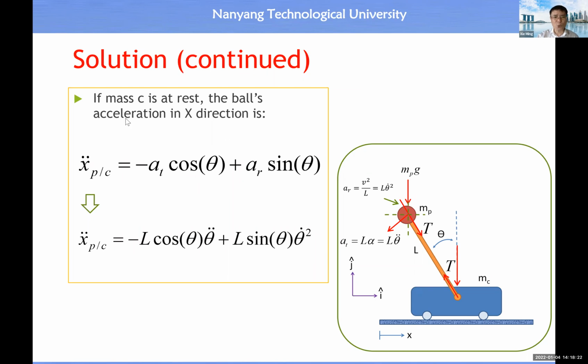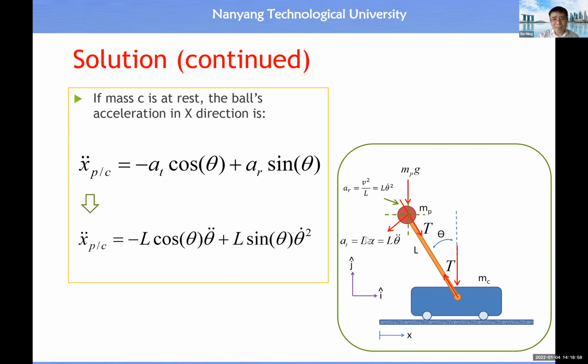We just look at the x component of the ball's acceleration with respect to the mobile base, P over C. This is just a notation: the acceleration of the ball with respect to the mobile base, not with respect to the ground. So this is the x component of the tangential acceleration vector, and this is the x component of the radial acceleration vector.